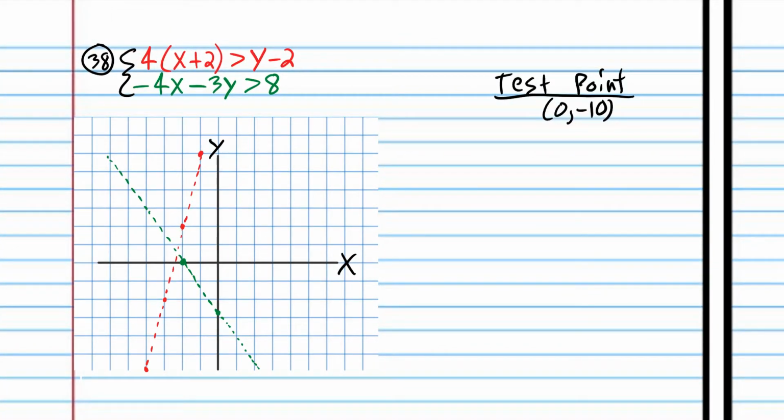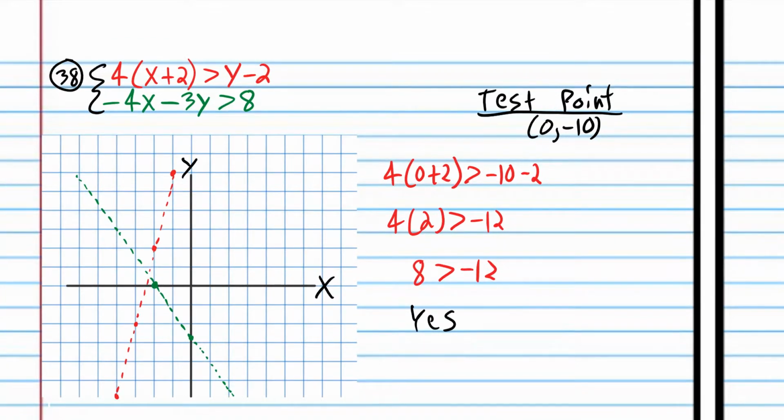All right, so plug in 0, negative 10, and we get 4 times 0 plus 2 is greater than negative 10 minus 2. And we get 4 times 2 is greater than negative 12, and we get 8 is greater than negative 12. That works. Plug in the same point to the other inequality, actually. And we want to simplify that.